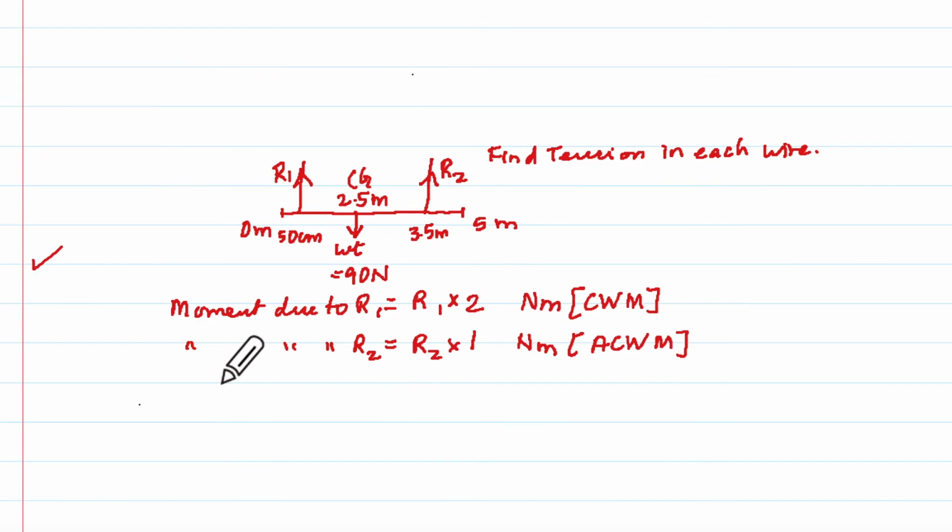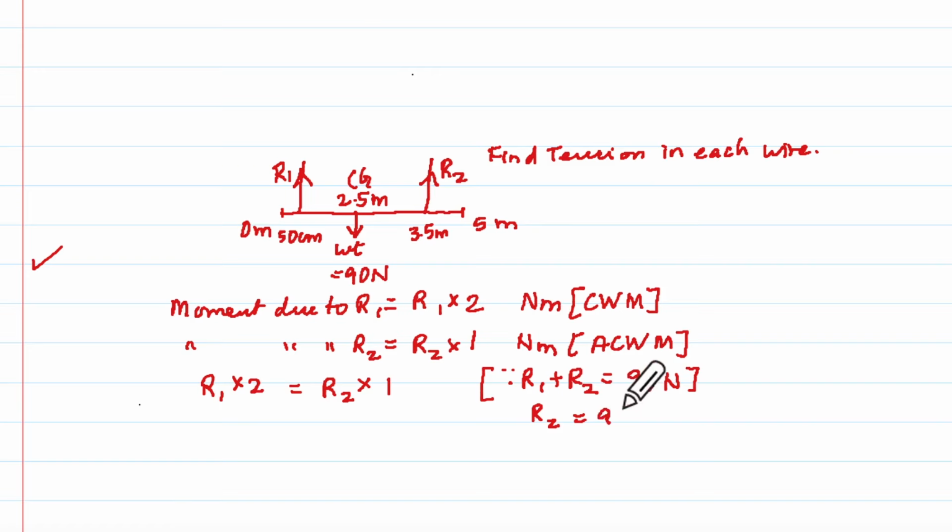Agreeable? Now your two moments are going to be equal, so R1 into 2 will be equal to R2 into 1. And R1 plus R2 is going to be 90. Since R1 plus R2 is the total upward force, it will be equal to 90, which is the total downward force. So I can say R2 will be equal to 90 minus R1.